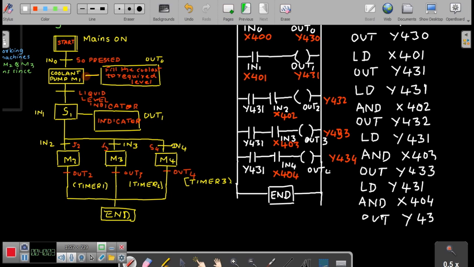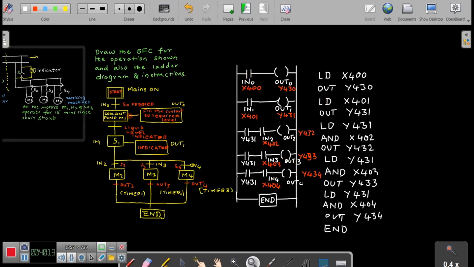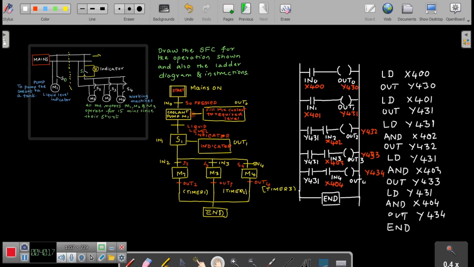So we have Y431, 432, 433 and 434. Then comes the end rung. This is how it has to happen.